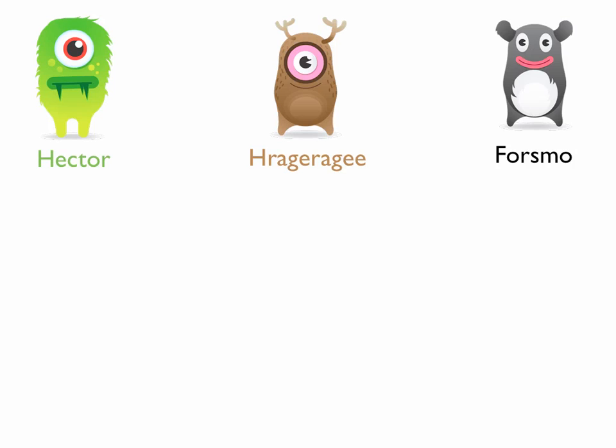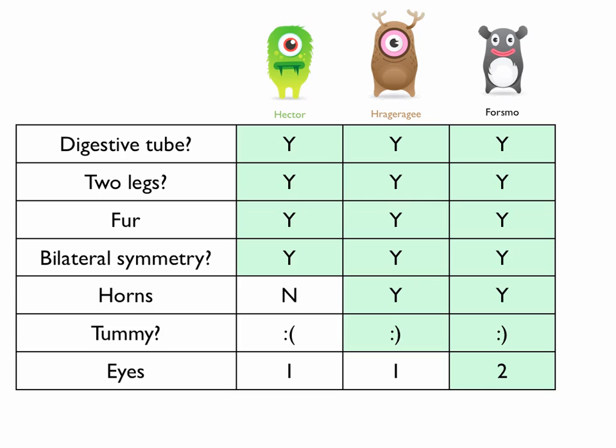But how do we know how to connect the branches of this tree? We need to review the characteristics that all three of these organisms share. Remember, they all have the same digestive tract, 2 legs, fur, eyes, and bilateral symmetry. These features represent the characteristics that their common ancestor would have had as well. Only the Forsmo and the Ragaragi have horns and rounded tummies.